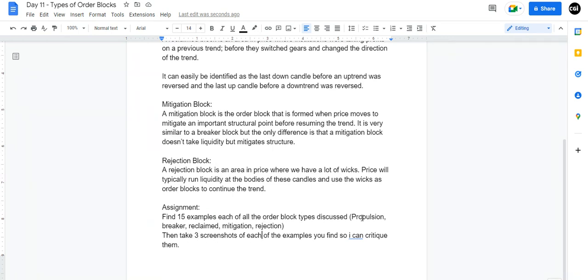So you are taking three propulsion screenshots, three breakers, three reclaimed, three mitigation, and three rejection. That's five types, presenting me with 15 examples in total, three from each type. You can submit by Sunday. Sunday is cool, right?